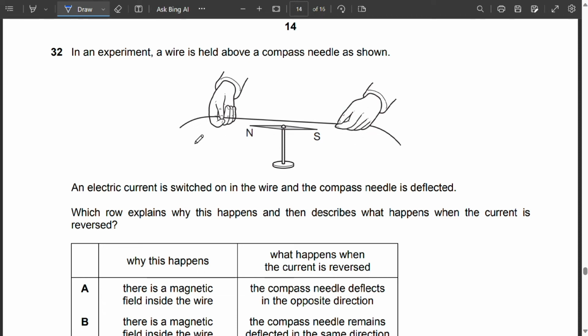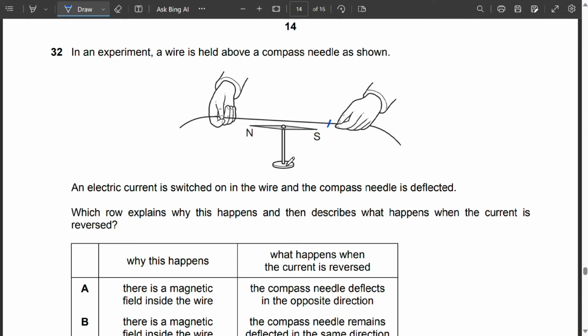So only when the current is passing through the wire will this produce a magnetic field. Because of this wire, it comes in contact with the magnetic field of the compass needle, which causes the deflection in the compass needle, because as the two magnetic fields interact, there will be deflection.